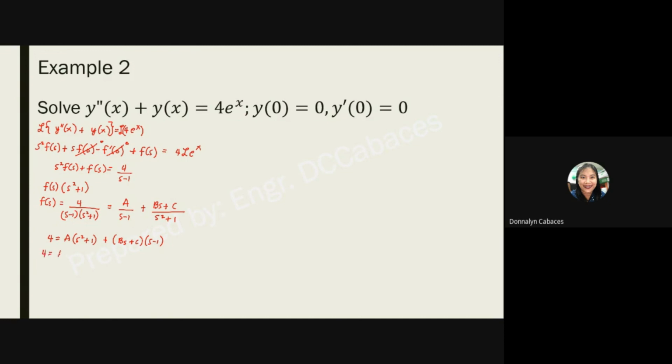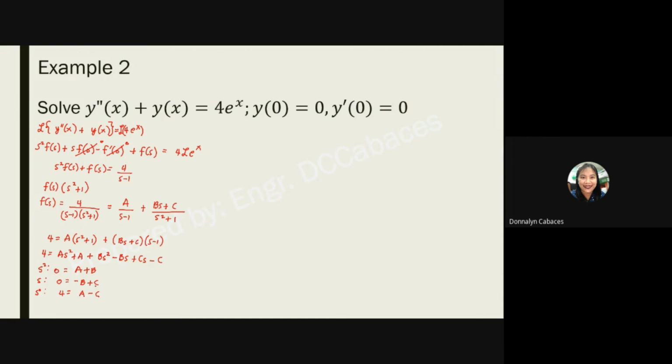Simplifying, you have A s squared plus A plus B s squared minus Bs plus Cs minus C. And then equating coefficients of like powers, let us determine the values of A, B, C. For s squared, 0 is equal to A plus B. Coefficient of s, 0 is equal to negative B plus C. And for the constant, s to the 0, 4 is equal to A minus C.